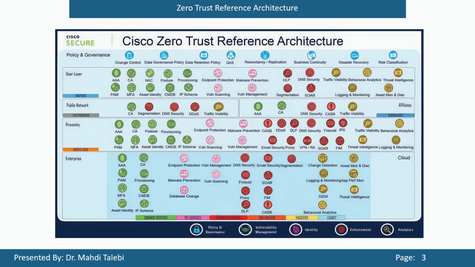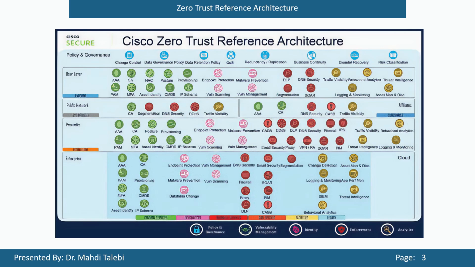1. Policy and governance. This is foundational, setting the overarching rules and parameters by which all network interactions are governed. It ensures that all data flows and endpoint interactions adhere to strict security standards, which include change control, data retention policies, and quality of service to ensure compliance and effective risk management. 2.